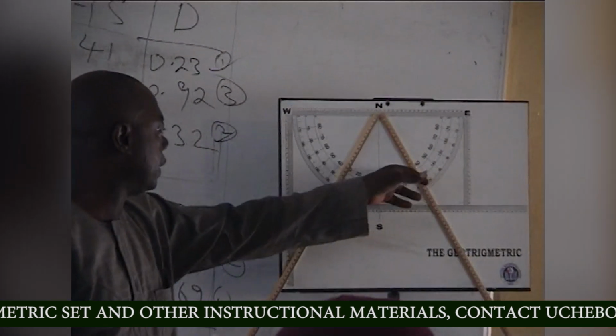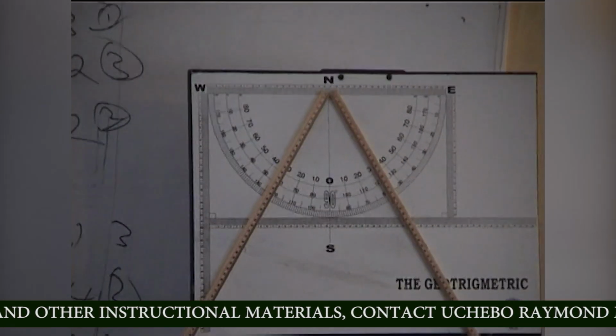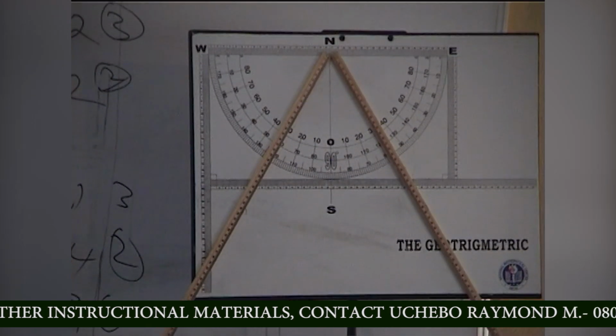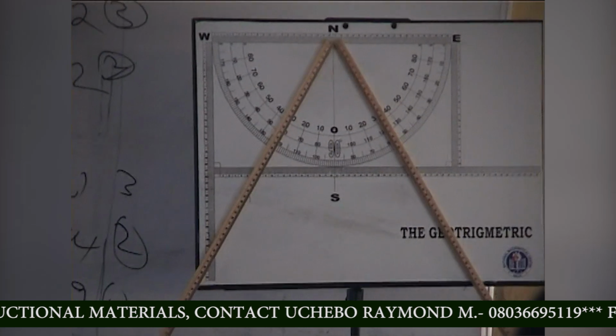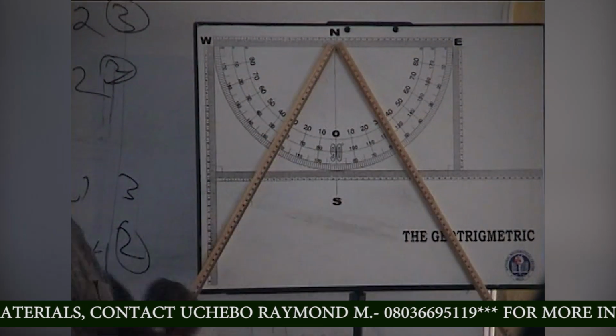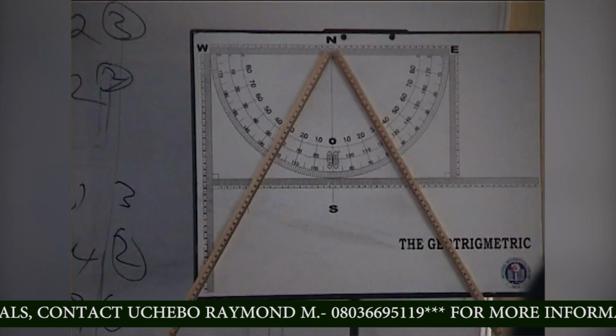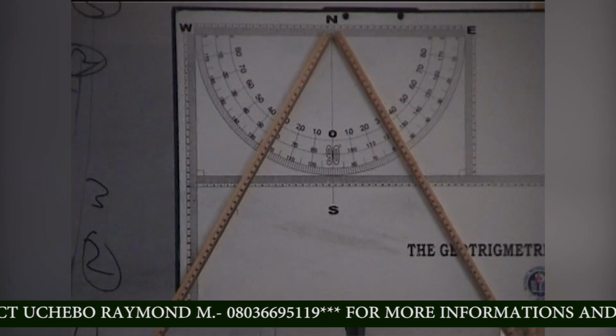This one is 30 degrees, this one is 30, but you can do your own at any angle. Put it anywhere you like. Just determine this angle and this angle, then add them to give you 180 degrees. That is verifying that the sum of angles in a triangle is 180.